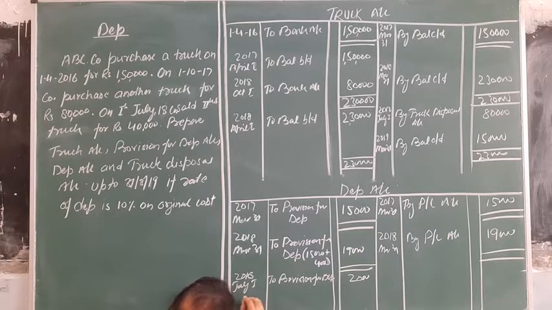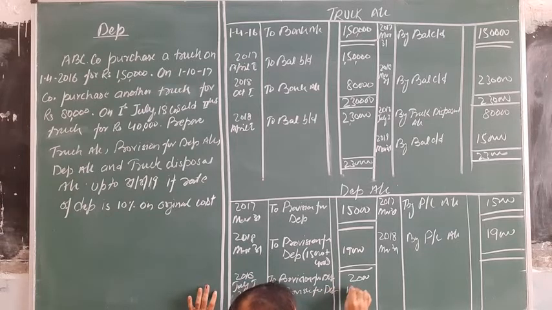And at the end of the year, on 31st March 2019, we will charge depreciation on the second machine to provision for depreciation.